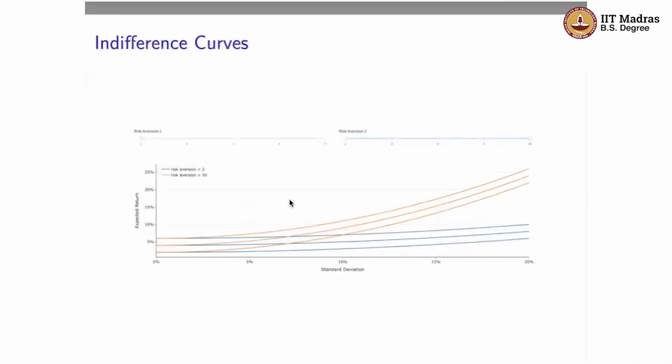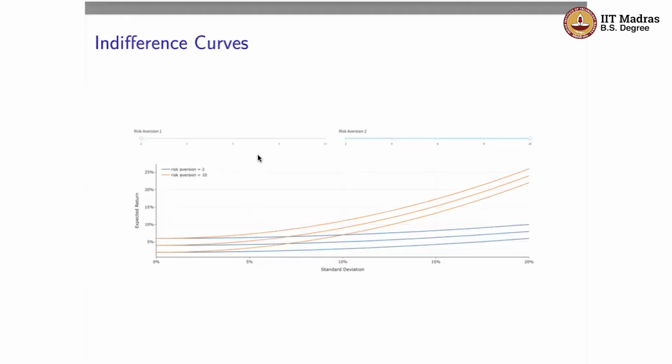The other way is to think about indifference curves. And here we see on the plane that we had seen before, expected return and standard deviation, how indifference curves would look like. So here, the blue curves correspond to risk aversion parameter A equal to 2. And the orange curves correspond to risk aversion parameter A equal to 10. So obviously that is going to be more risk averse.